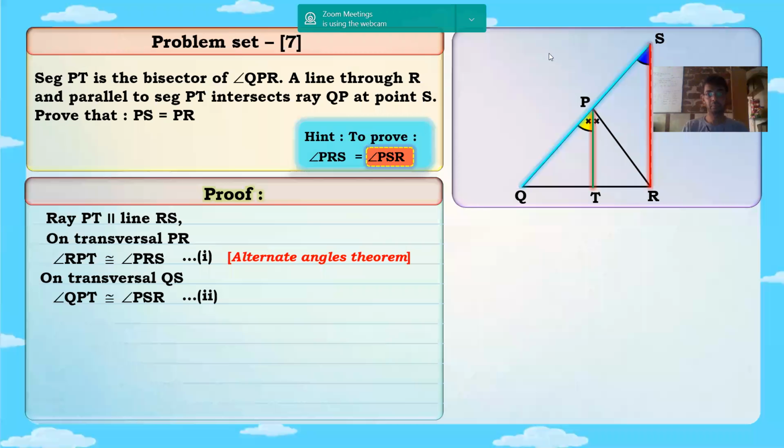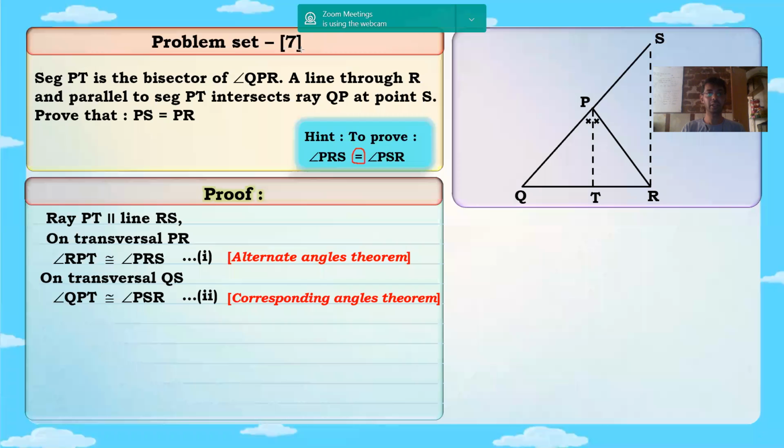Fine. Okay, now if you see, from the hint we have taken out information about angle PSR. For now we have just taken out the information. I want everyone to look into the hint of what to prove. What do they say? Show these two angles to be equal.